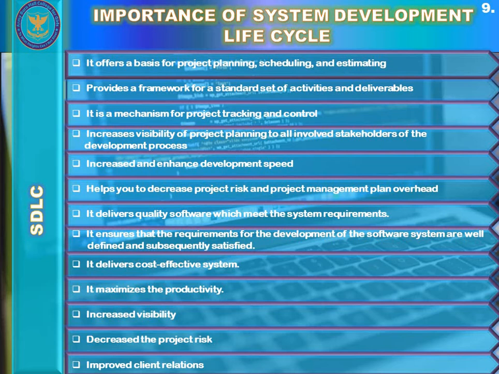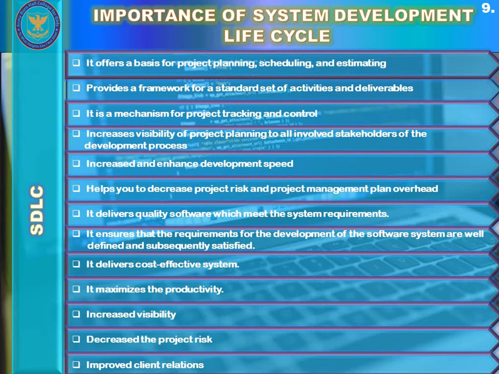Another importance is that it helps you to decrease project risk and project management plan overhead. Means as all the steps or phases are in sequence, all the steps are clearly defined, proper team members are actually attached or involved with certain steps or phases, and all the activities are very clear, they are in sequence.